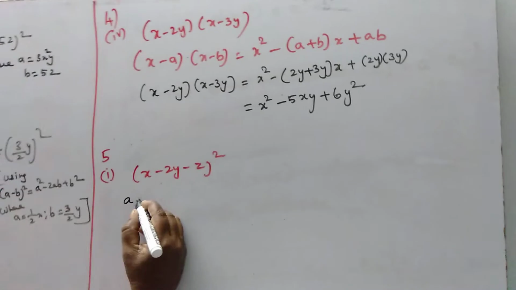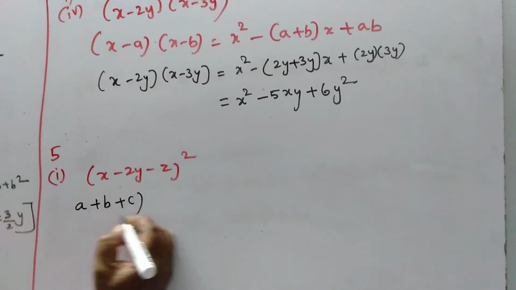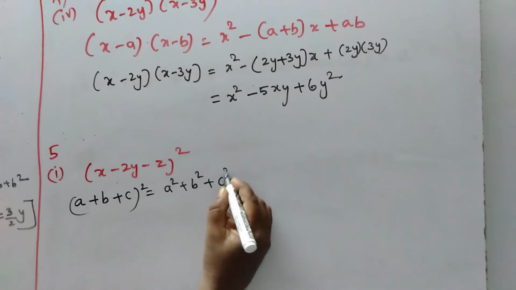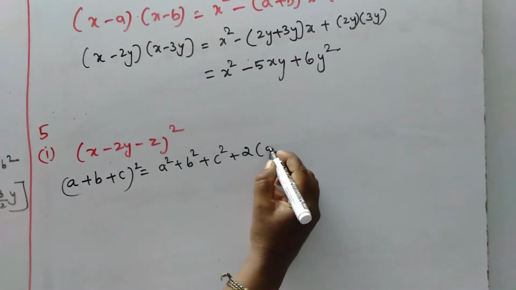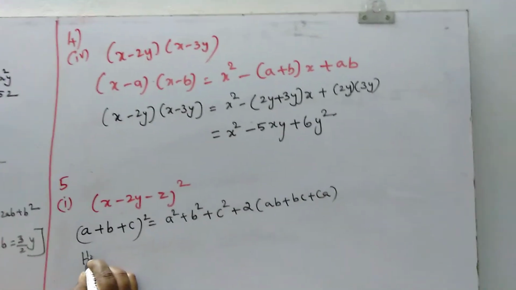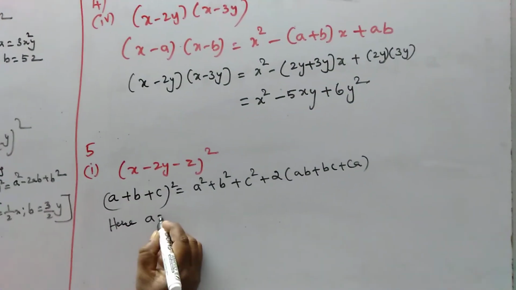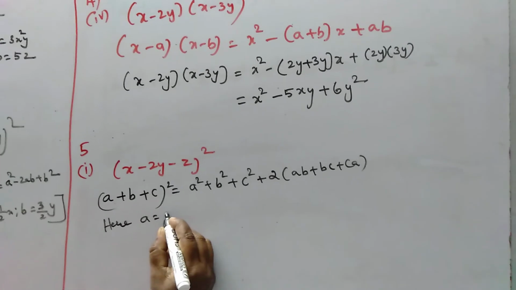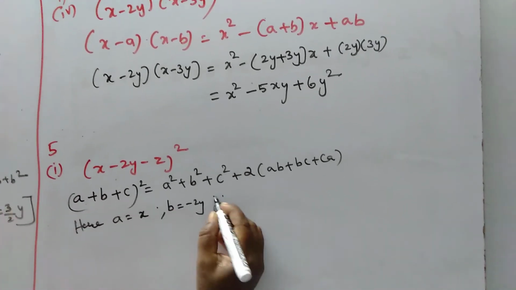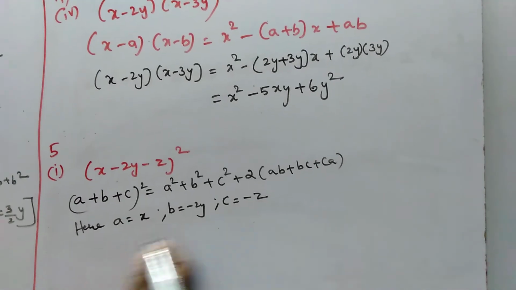Okay, here by using a plus b plus c the whole square, which is what? a square plus b square plus c square plus 2 into ab plus bc plus ca. Here a equal to x, b equal to minus 2y, c equal to minus z.